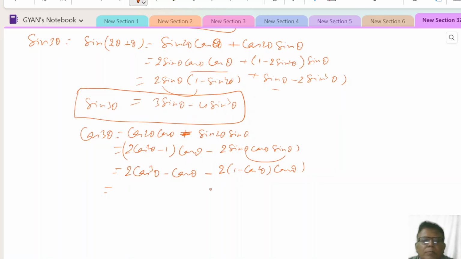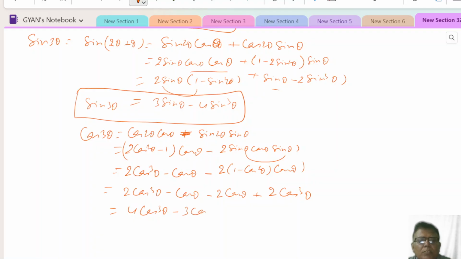So that will be 2 cos cube theta minus cos theta minus 2 cos theta plus 2 cos cube theta. So that will be 4 cos cube theta minus 3 cos theta. So this is also a very important formula.